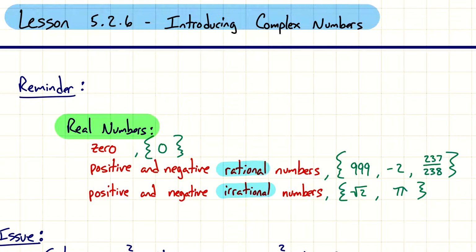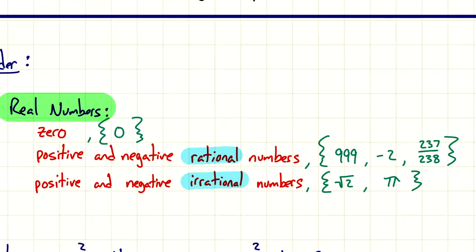But for the most part, our set of numbers that we've been working with, real numbers, which is pretty much any number you could think of, includes some numbers that you might recognize. For example, the number 0. So 0 is considered a real number. We have positive and negative rational numbers.